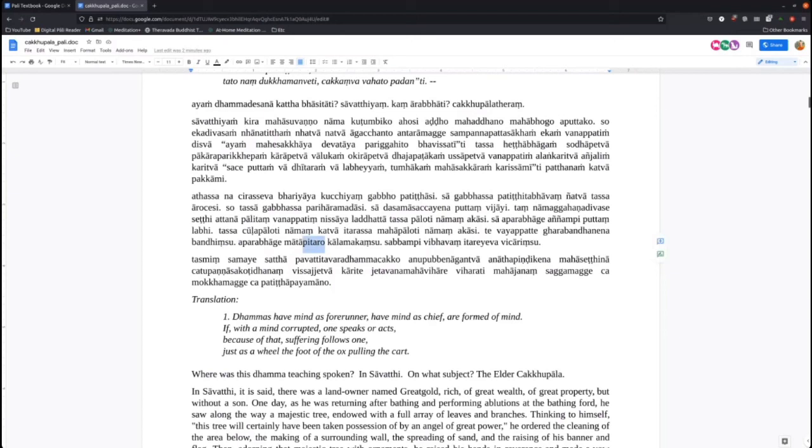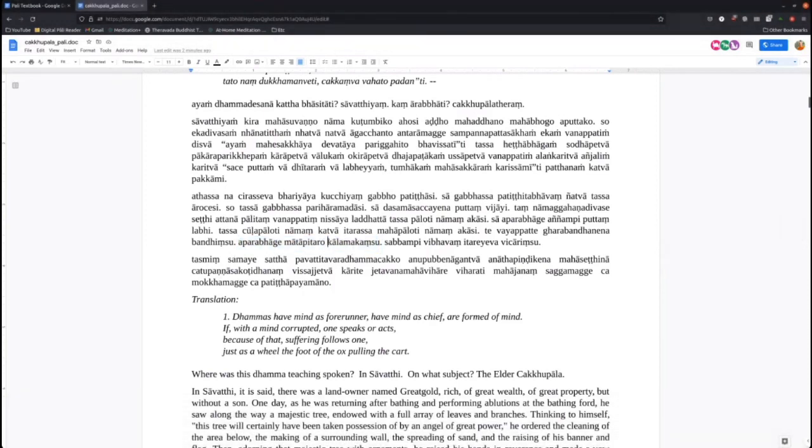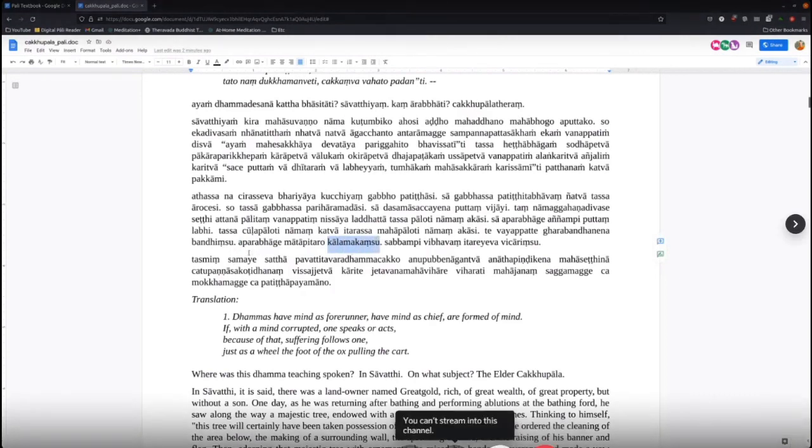So can you figure out what this means? Kara has a sense, in English we would say completed. So they completed their time. That starts to make a little more sense in English. They died. They died.